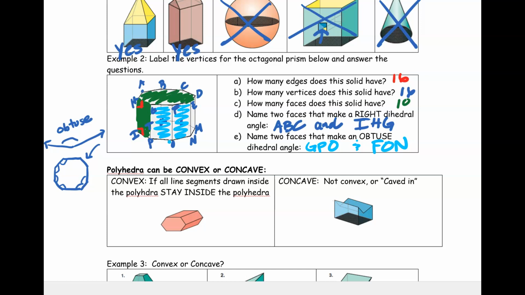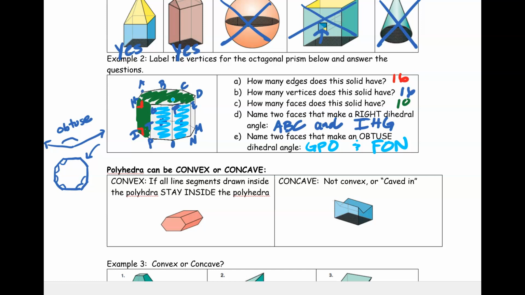So if you wrote down any 2 sides coming together, that would be a dihedral angle. And actually, we could go one step further, and I could ask you what dihedral angle that would make, and you could think about that for an octagon.